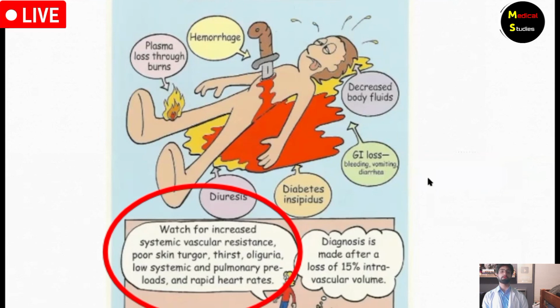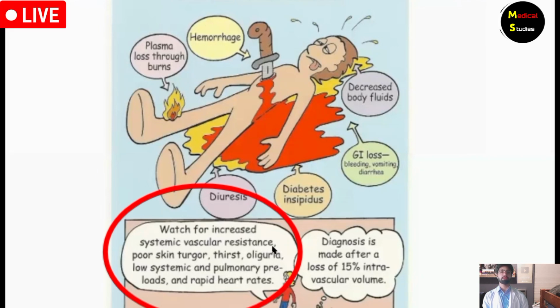What happens in this situation? Increased vascular resistance, and it is a result of vasoconstriction. There is also poor skin turgor. Skin turgor means skin elasticity. In a normal person, or those who have good hydration status, if I pull the skin manually from the anterior abdominal wall, the skin will quickly go back, within 1 to 2 seconds or even less.